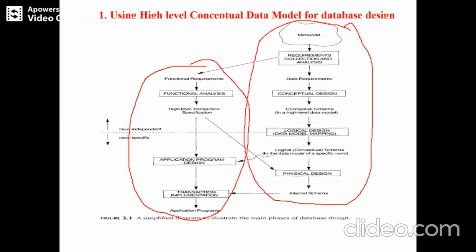So we are designing the database design. Basically, we will follow the steps from the requirement specifications. The first step in the design is requirements collection and analysis. The database designers will interview prospective users of the application. This includes both active users as well as passive users.